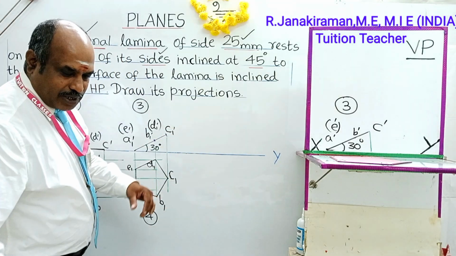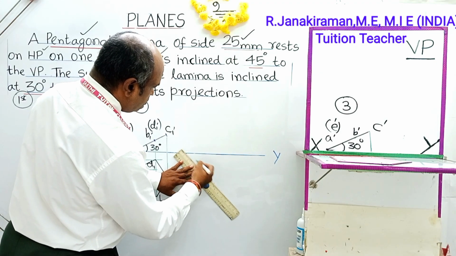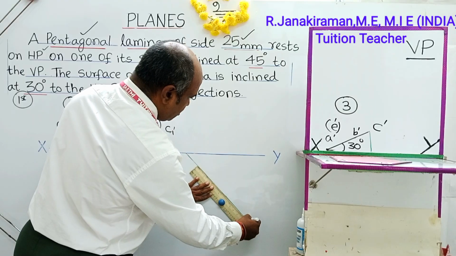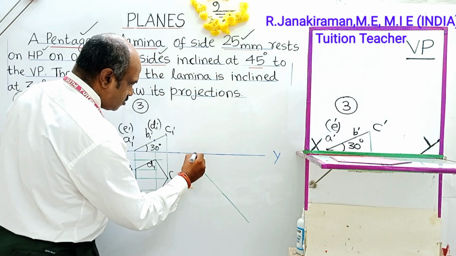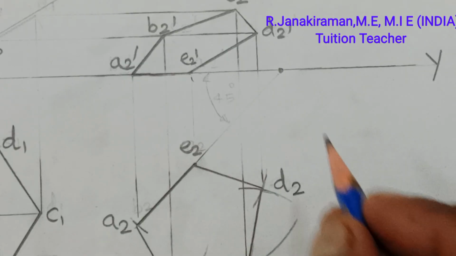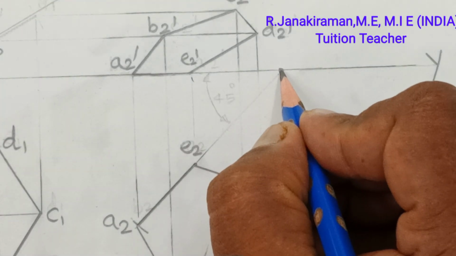So join the marked points using freehand scale. Okay, this angle is inclined to VP, 45 degree. You can locate 45 degree like this also, that will be right. This is the located point on the XY line.